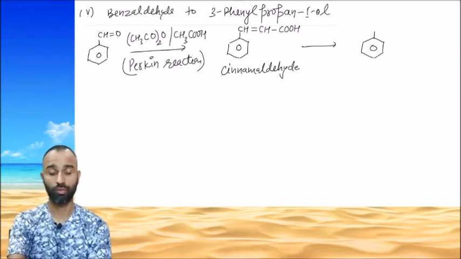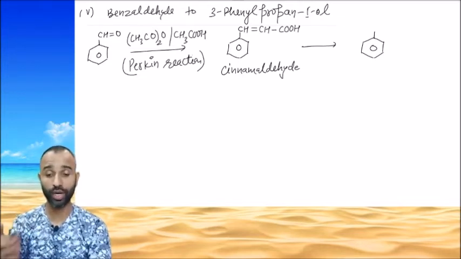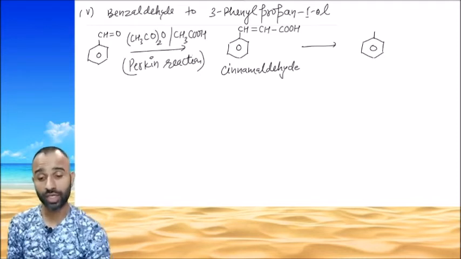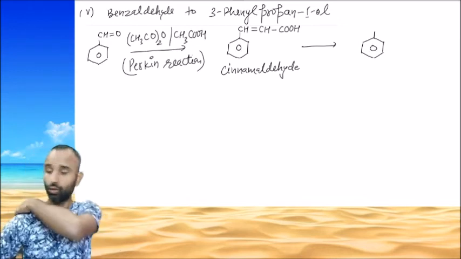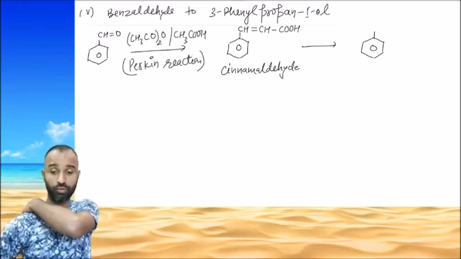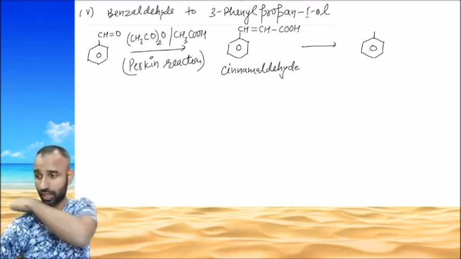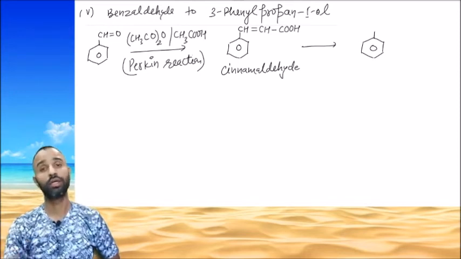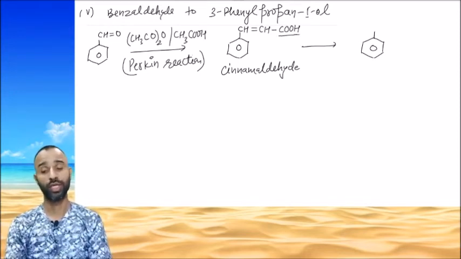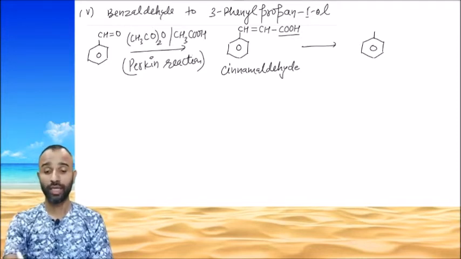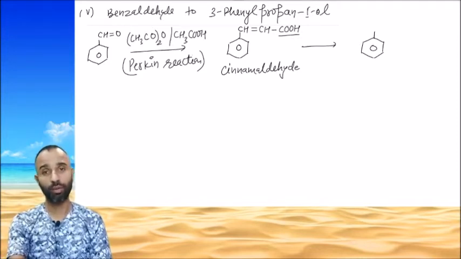See, the double bond we have to convert into CH2. Means there is a reduction of the double bond as well as reduction of carboxylic acid. Both should be reduced. Keep in mind, this is a conjugated double bond, okay?